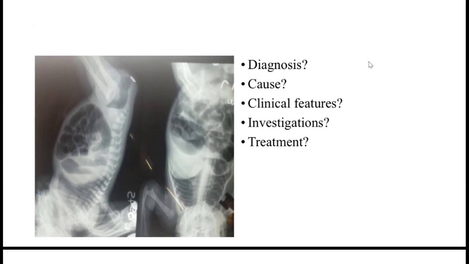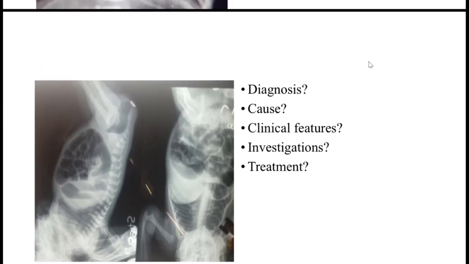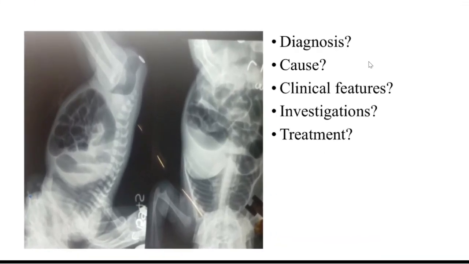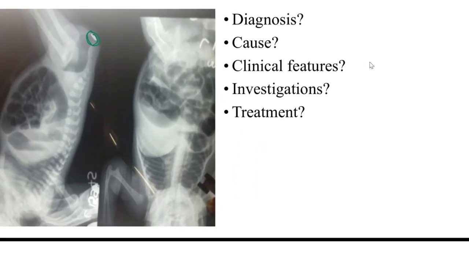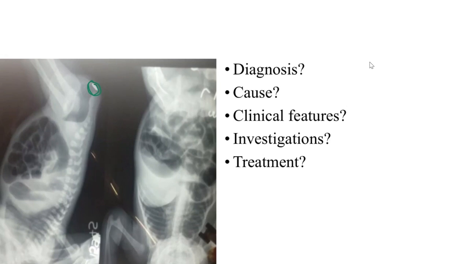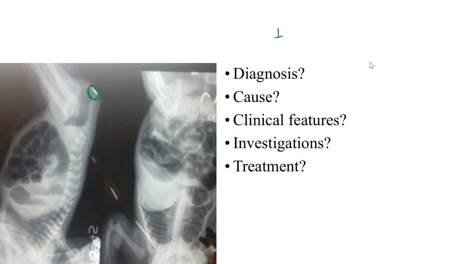This X-ray is generally not asked of the undergraduates. Just remember the name. So what is this? A coin is placed at the sacrum of the child, and the X-ray is taken from the inverted baby. The diagnosis of the X-ray finding is an invertogram.